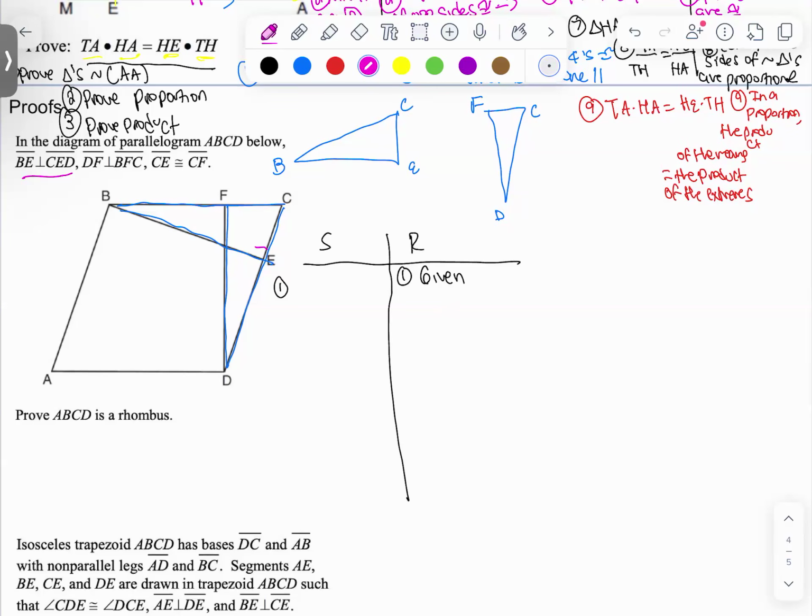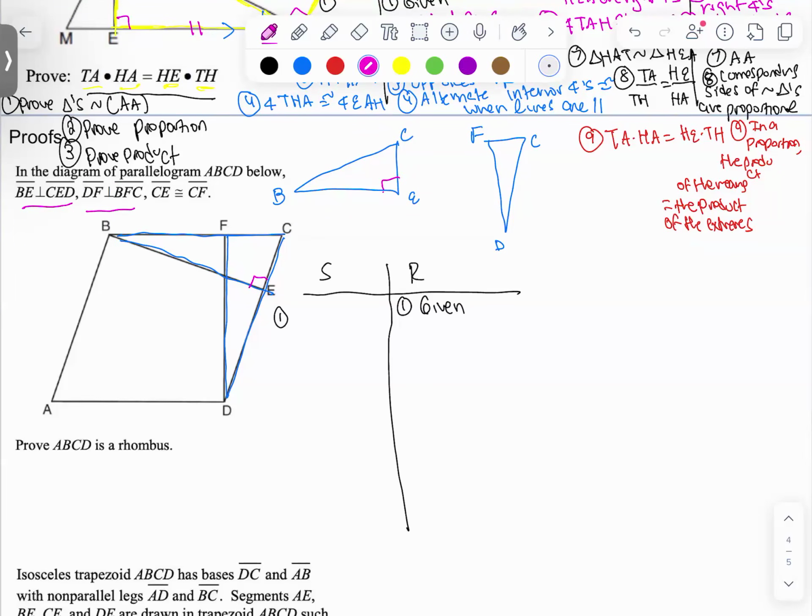So it forms right angles. It forms both of these right angles, but this is the one that helps me because it's angle BEC in this triangle over here. And then we have that DF is perpendicular to BFC, so it forms two right angles. But the one that's helpful to me is this one because it's angle DFC in this triangle over here. Let me put that into the proof.